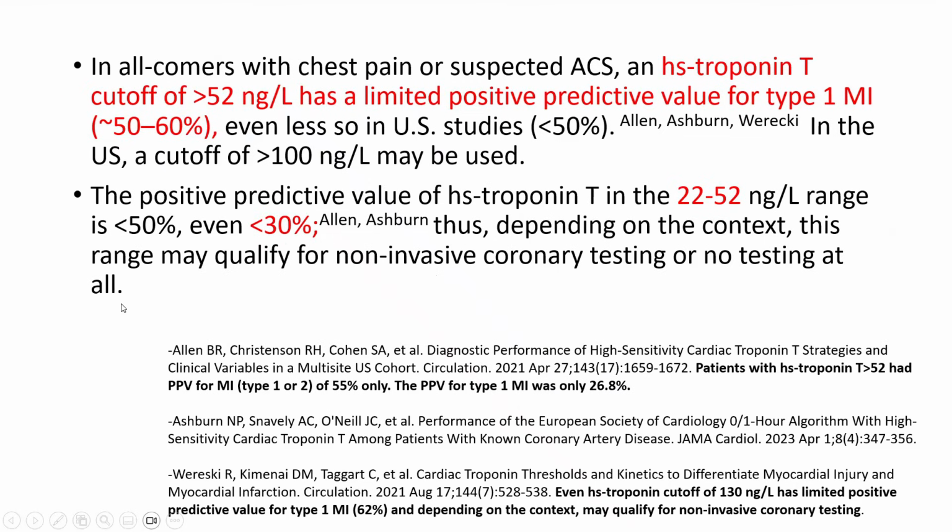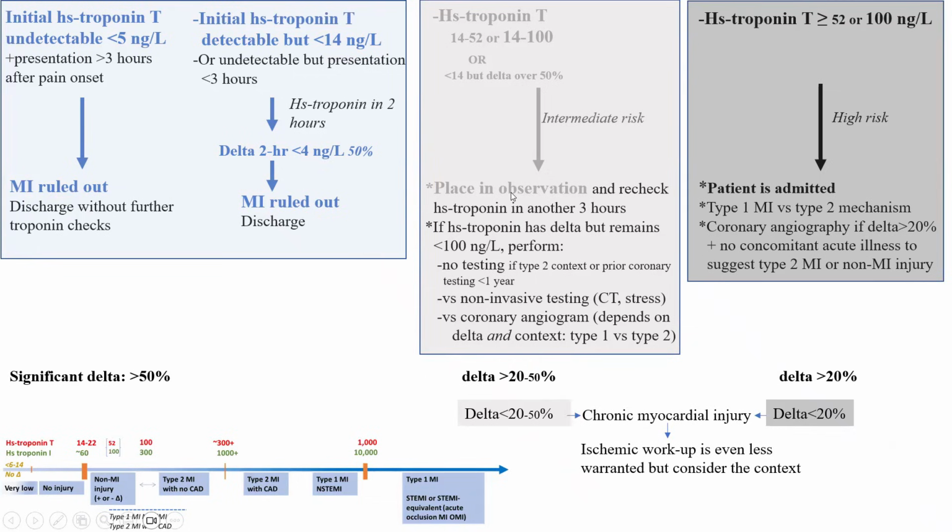But again, take into account the context. Depending on the population studied, up to 30 or even 50% of those gray zone patients have a true type 1 MI, that's not a small number. So if he's presenting with no other explanation for the chest pain and no other context, this patient would qualify for coronary angiography.